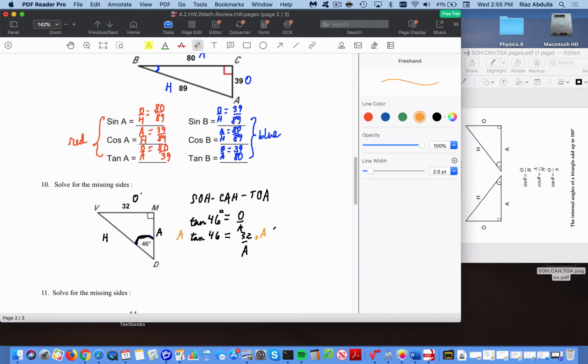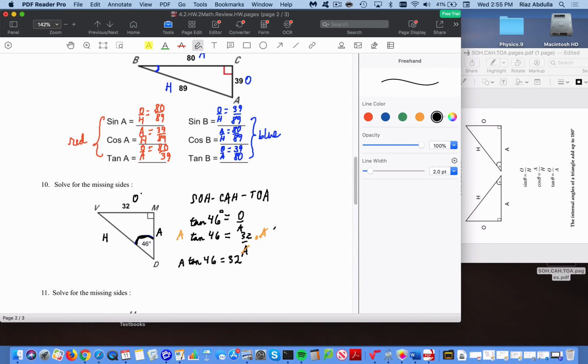I need to get it on the top and get rid of it, so this cancels. So I'll rewrite this. Now I'm going to have A times the tangent of 46 equals 32. Now, I'm going to go ahead and actually plug the tangent of 46 into my calculator right now.